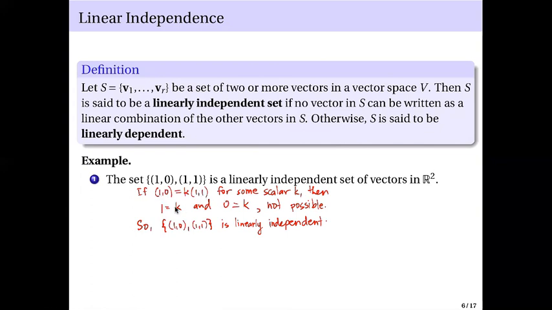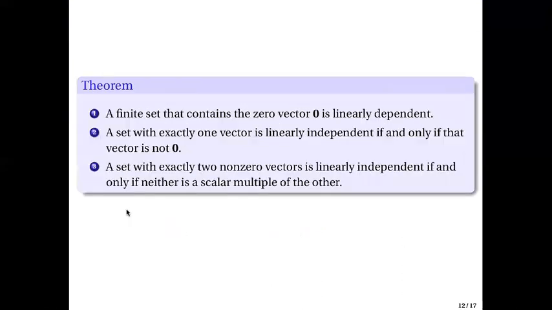And we showed that it is not a scalar multiple of the other, and therefore we prove that this is linearly independent. So that's the third statement in here. A set with exactly two non-zero vectors is linearly independent if and only if neither is a scalar multiple of the other.